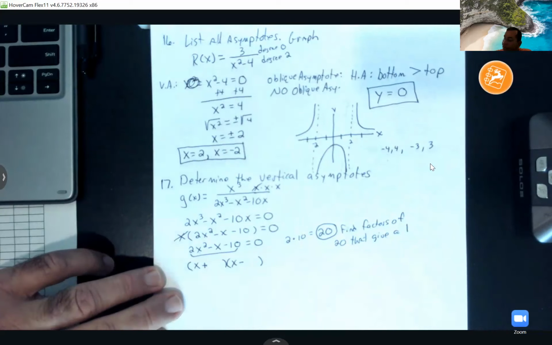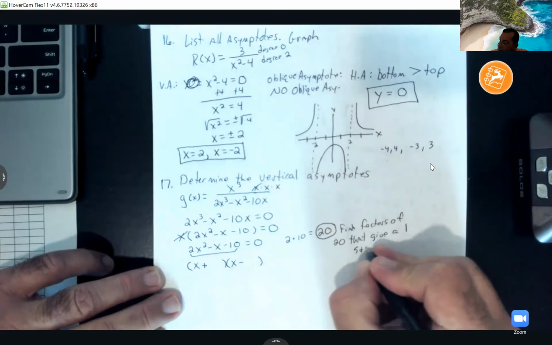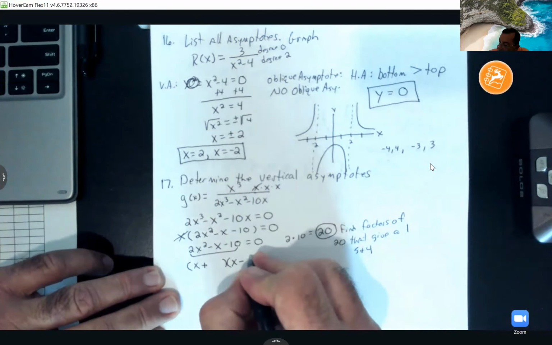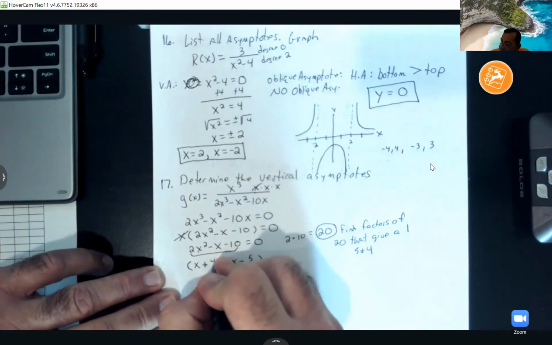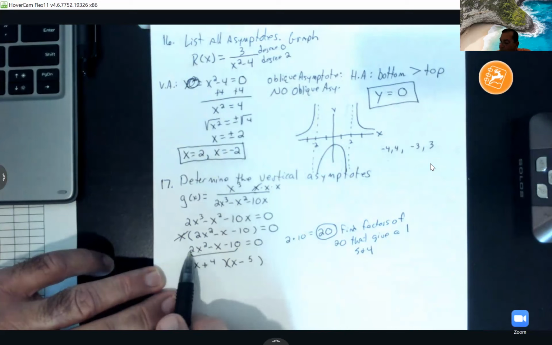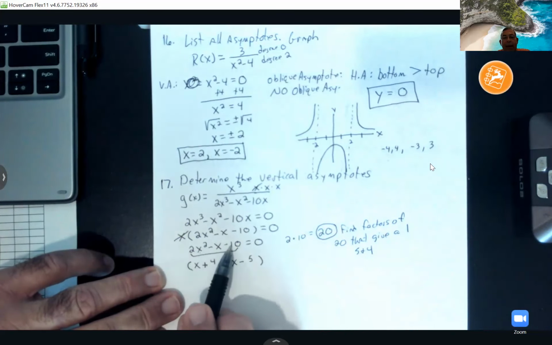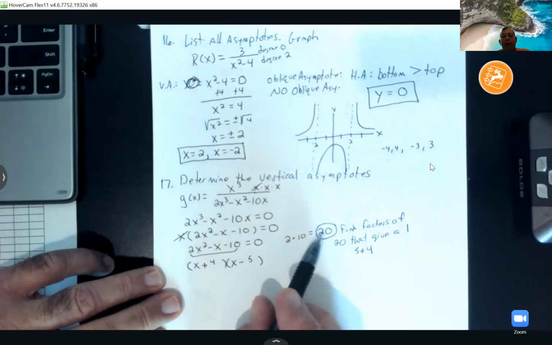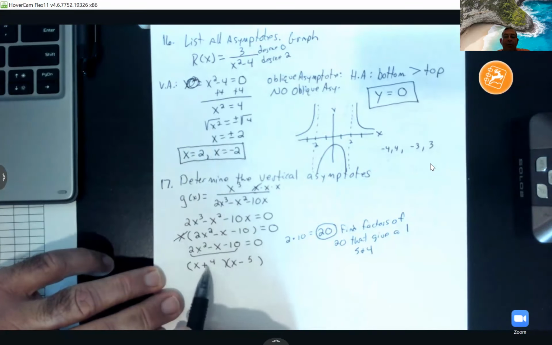All right, so Timothy got a 5 and a 4. Perfect. The 5's larger at this point, so it's got to have the same sign as the middle. So the 5 will be negative, and the 4 will be positive. But y'all, we're not done yet, because here's what we got to do on this one now. Since I borrowed that 2 and multiplied by the 10 to get to 20, we now got to divide both of these factors by that 2.